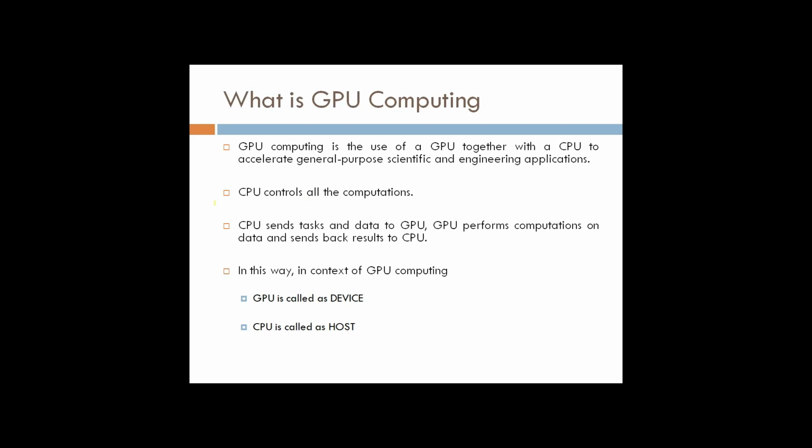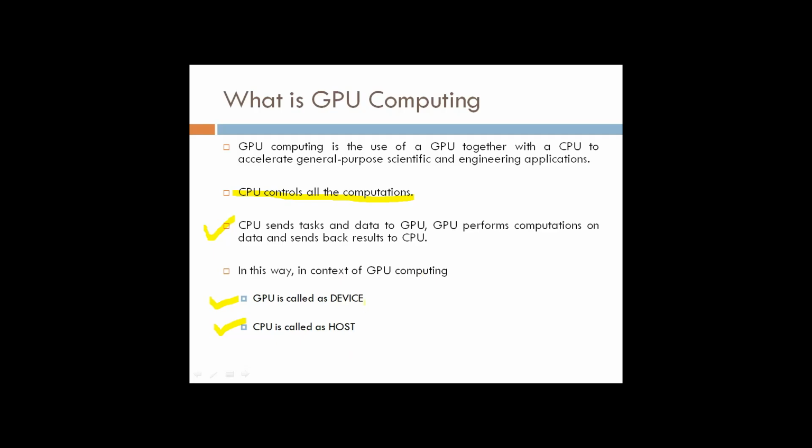The CPU will control all the computation part, right? The CPU sends the task to the GPU. The GPU performs the computation on the data and sends back results to the CPU. So the CPU acts as the host, right? And the GPU is called the device. This is in the context of GPU computing.